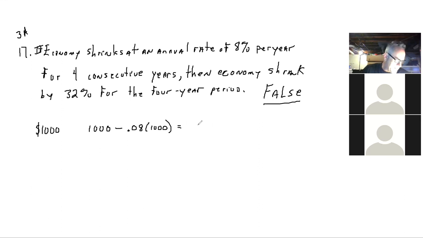When you make that calculation, that comes out to 920. And that's what I mean by the reference number changing each year, because after 1 year, this is how much your economy shrank. So the second year, it's not going to be 1,000 that you take 8% away from. It's going to be 920.